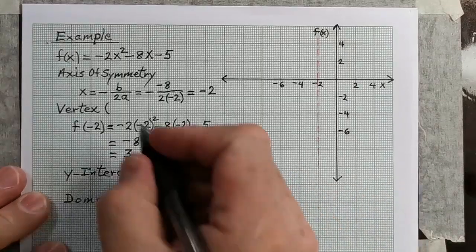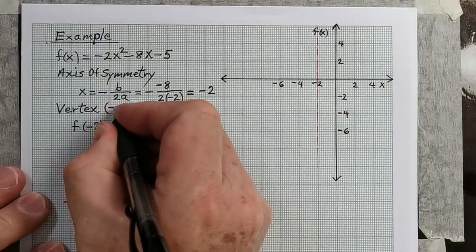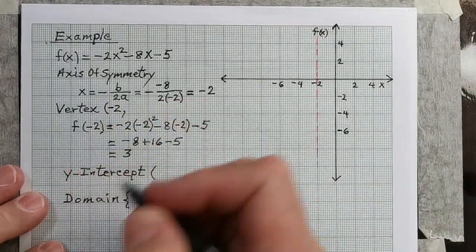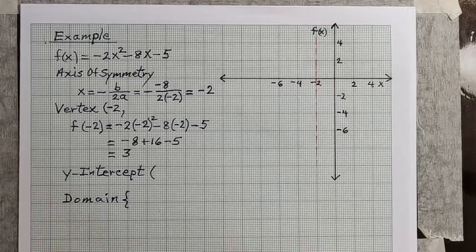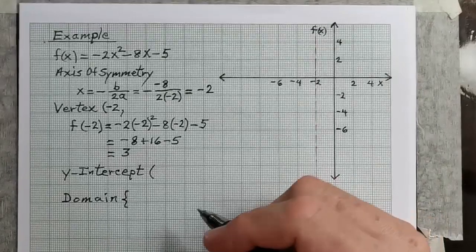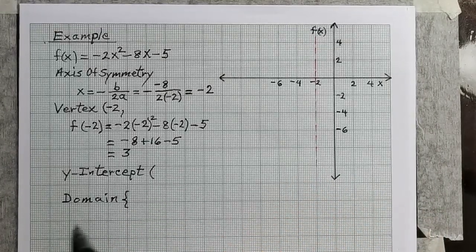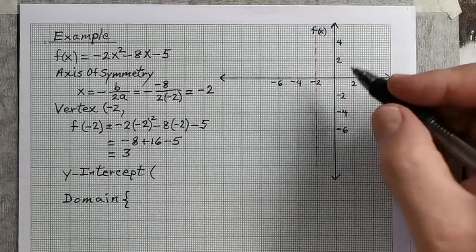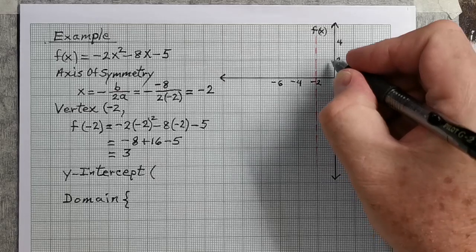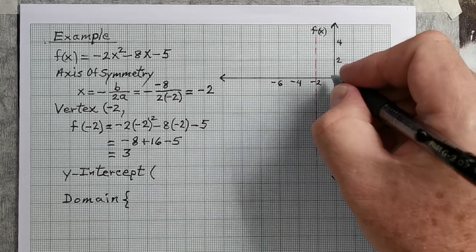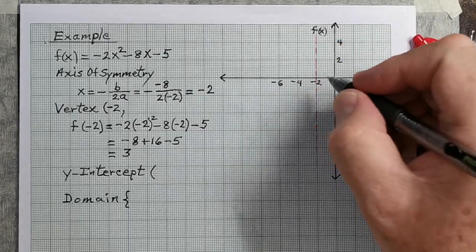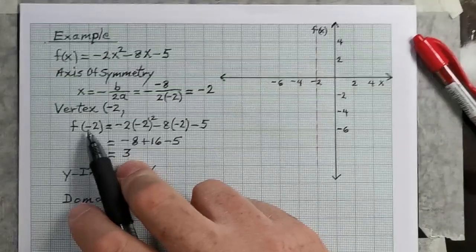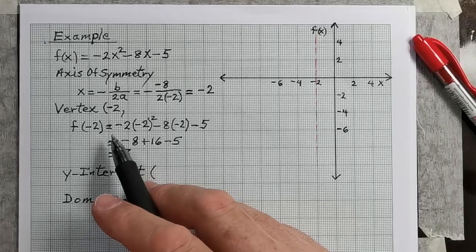So we can say the x-coordinate of our vertex is negative 2. What will be the y-coordinate? Well, the y-coordinate is the value of the function at negative 2. If you put in negative 2 for x into this function, you will find the y-coordinate of the vertex.